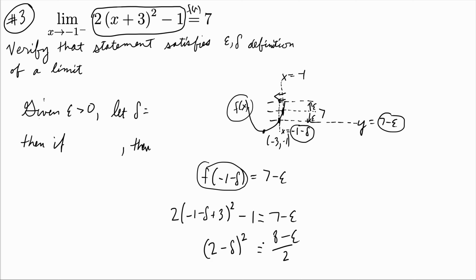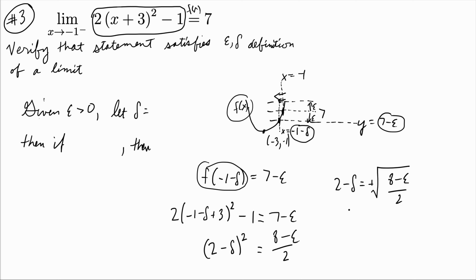So we want a positive square root, not a negative square root, because delta is a small number. So square rooting, we get 2 minus delta is equal to, we're only taking the positive square root, 8 minus epsilon over 2.